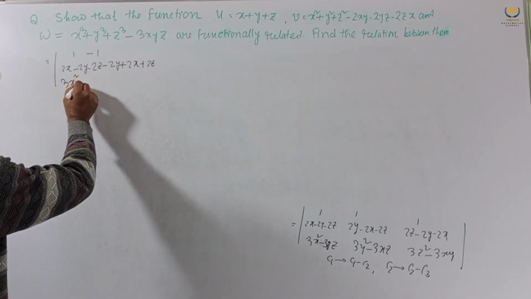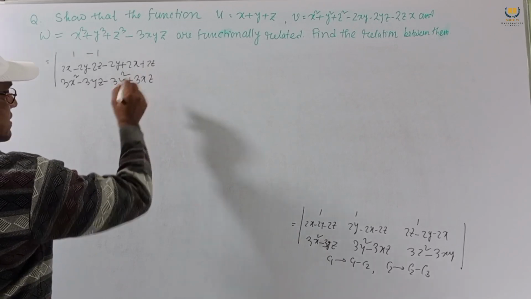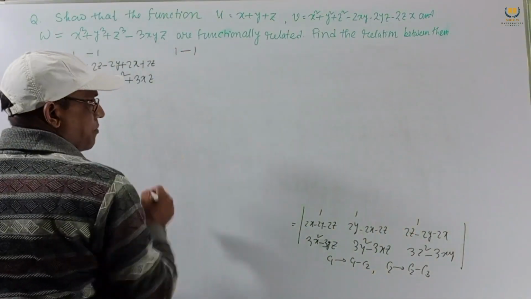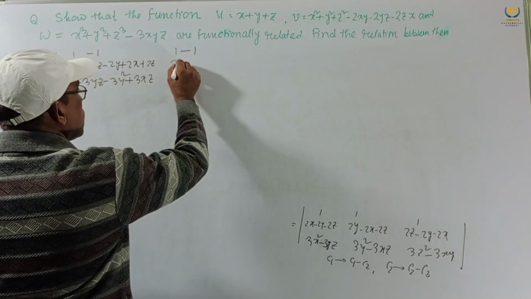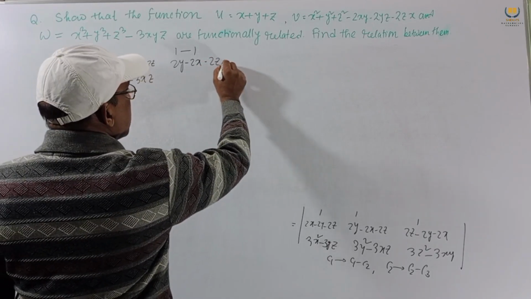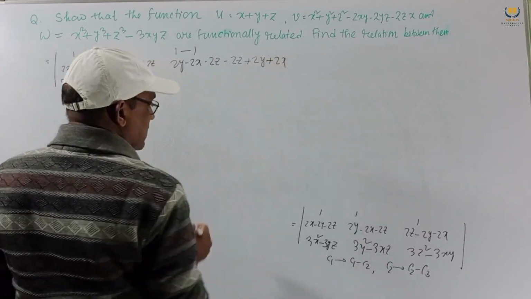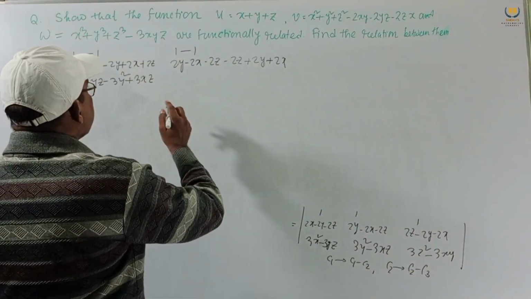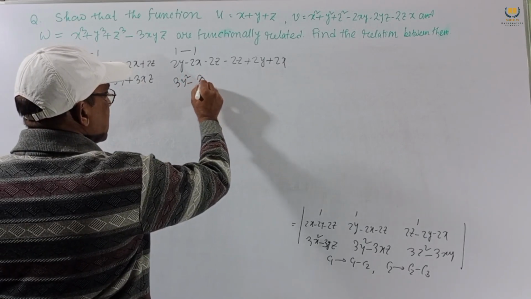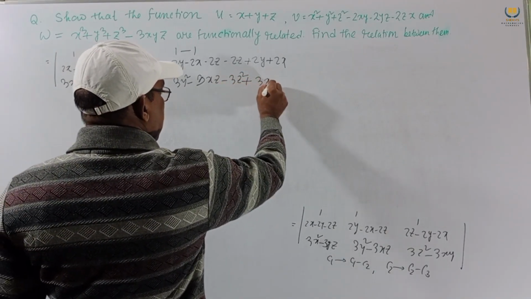3x square minus 3yz minus 3y square plus 3xz, and again this minus this, 1 minus 1, then 2y minus 2x minus 2z minus 2z plus 2y plus 2x, and here also this minus this, we get 3y square minus 3xz minus 3z square plus 3xy.